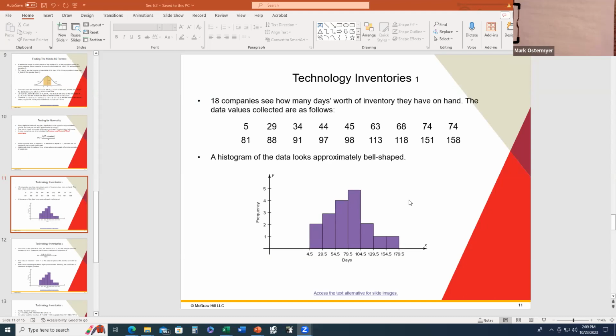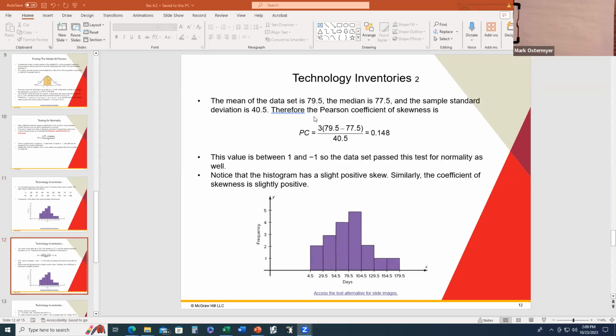And then they compute the mean and the median, standard deviation, and then they throw it into this Pearson coefficient here, and it gives you like 0.148. Notice 0.148 is definitely between 1 and -1. So according to this, it has passed the test for normality. All right.